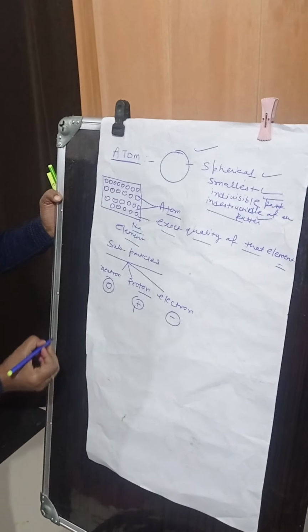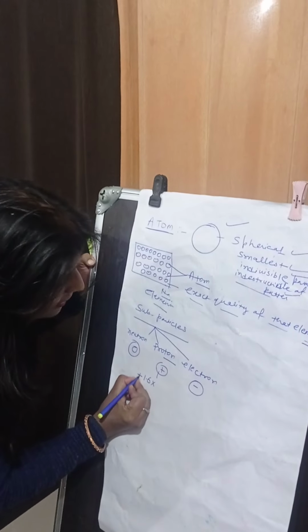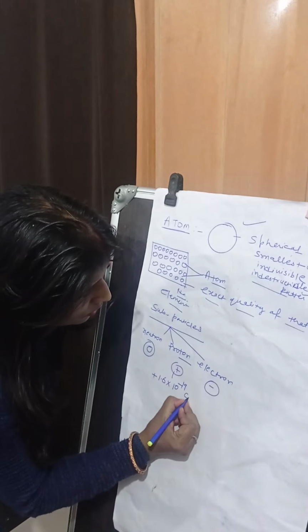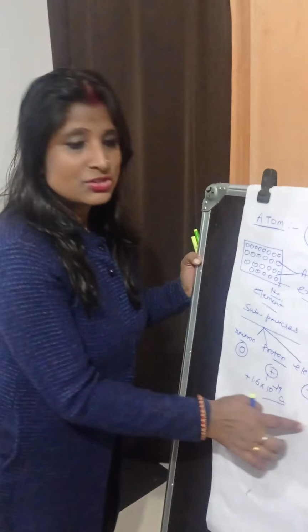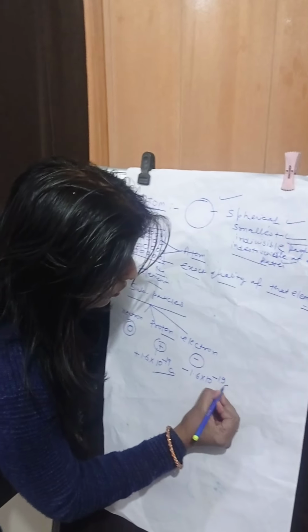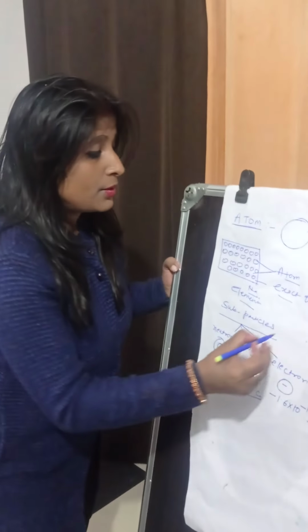So the charge of proton is 1.6 into 10 to the power minus 19 coulomb. Coulomb is the SI unit to measure the charge, and electron has minus 1.6 into 10 to the power minus 19 coulomb. So now we know what are the charges of the subparticles.